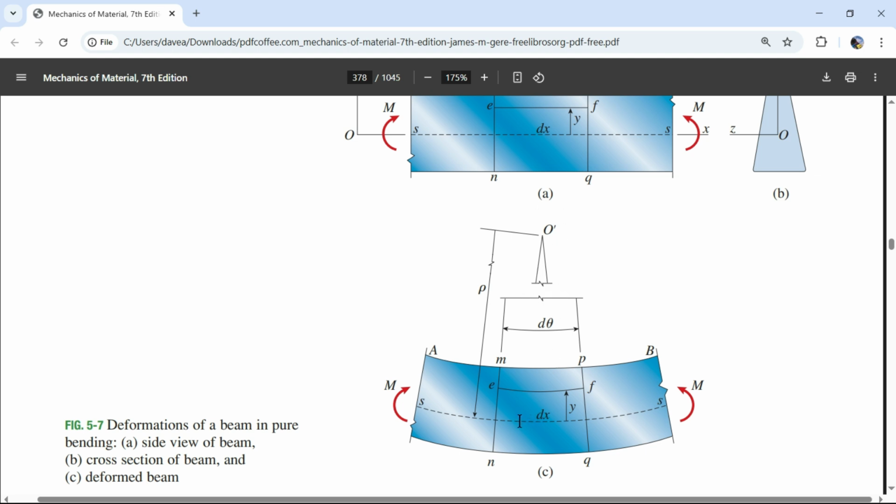So still, the whole distance rho would be from here all the way to here. But let's just use this little picture. Let's pretend this is dx, and this is the radius. And this is our angle.